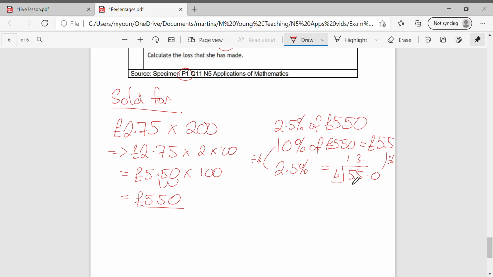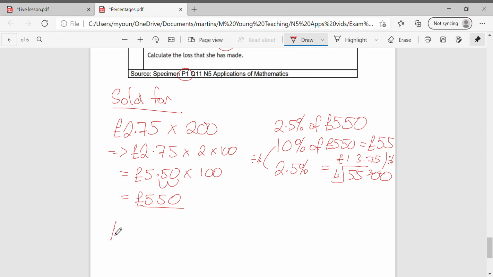So 4 times 3 was 12, so I've got 3 left over, so that's going to be 7. And then I'm going to have 2 left over, and that one works out as 5. So it's going to be £13.75 that she's paying of commission.